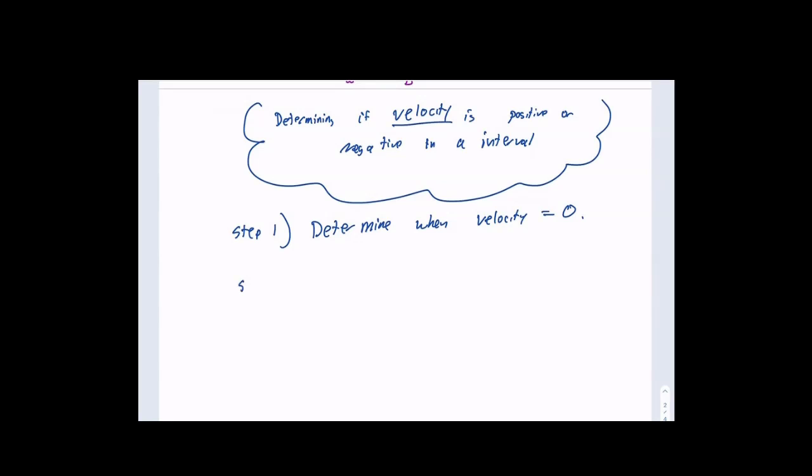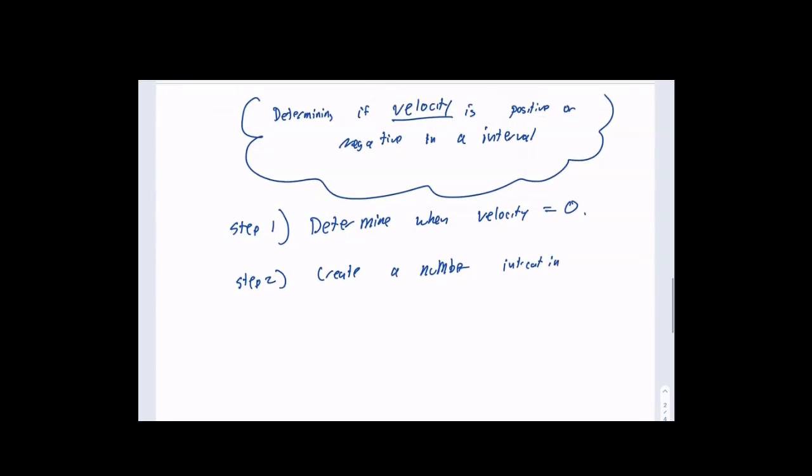Step 2. Create a number line indicating the values of t when v of t is equal to 0.